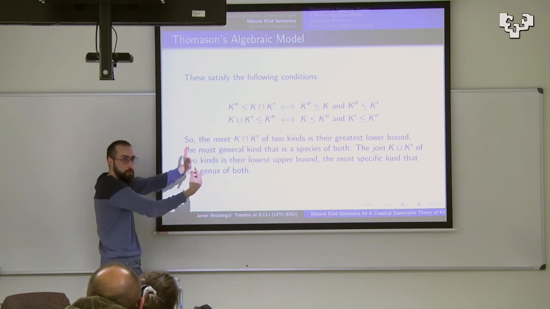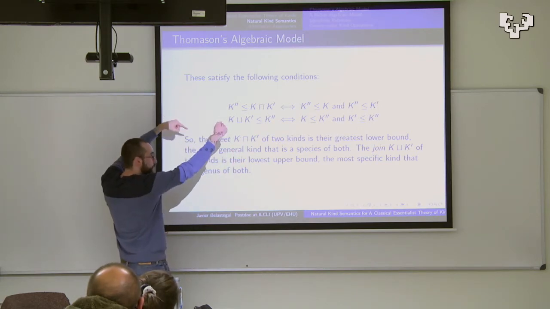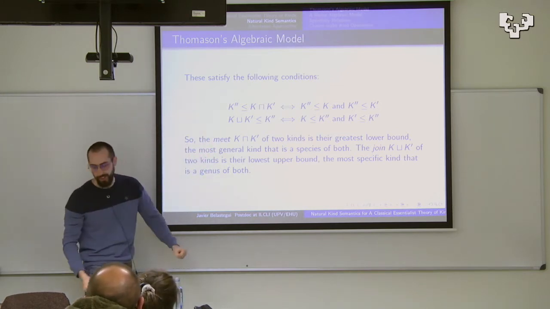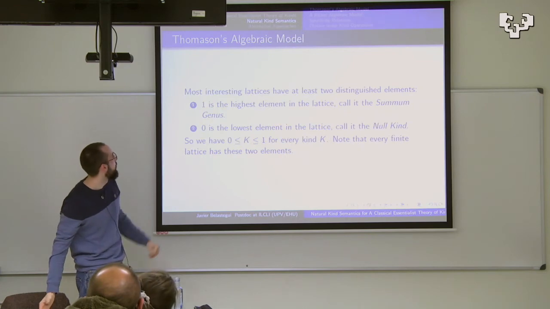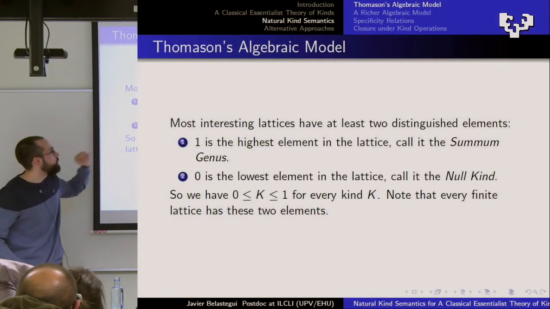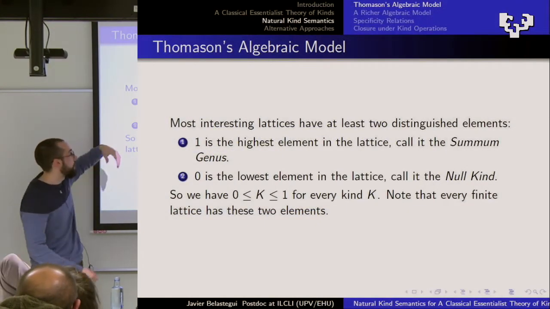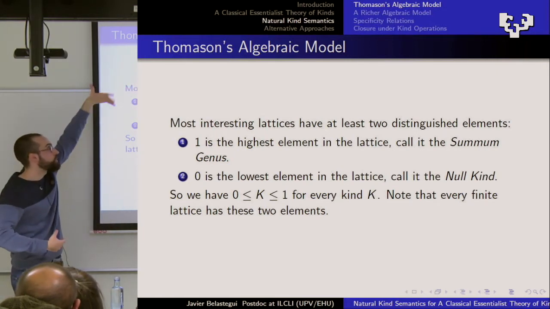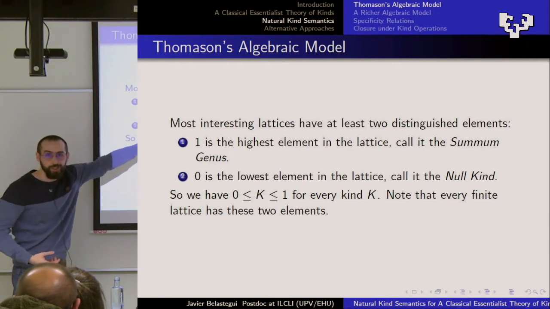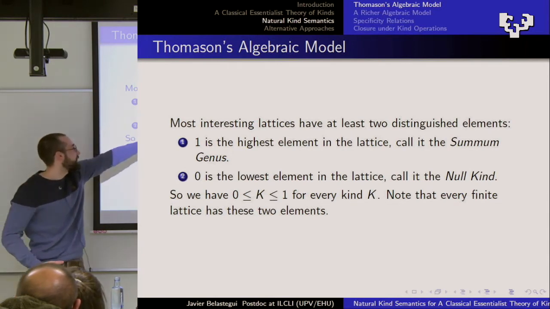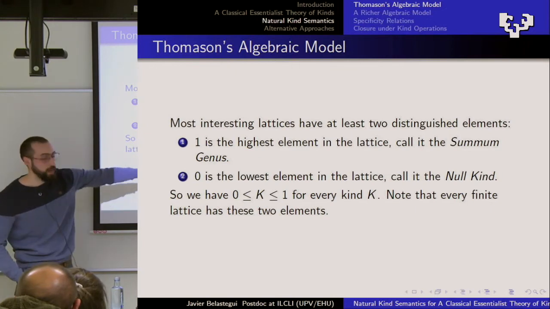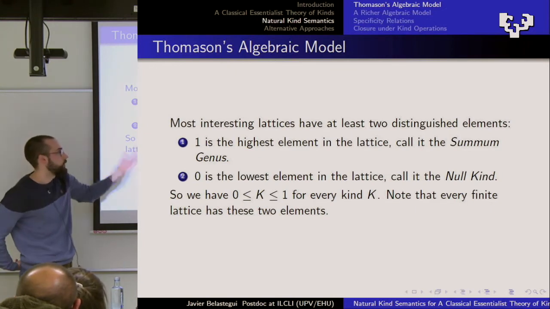So in the diagram, you basically look for lines and see where they meet. That's it. Okay, and most interesting lattices have two special elements, which are the highest element, in our case artifact, the most general kind, which we can call the summum genus, and there's also the lowest element, the one at the bottom of the diagram, which we'll call the null kind.